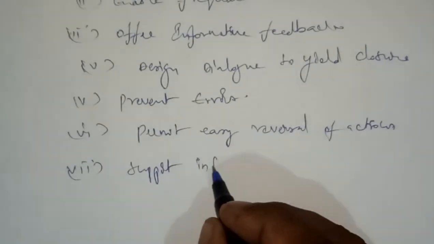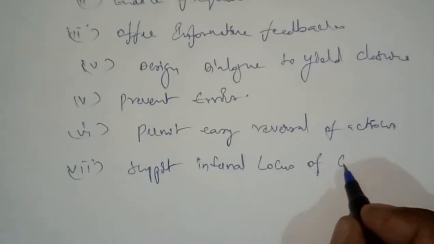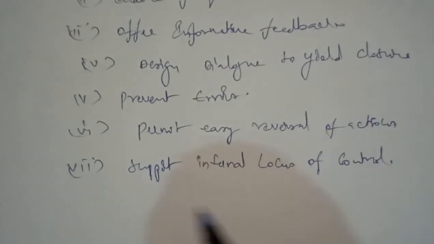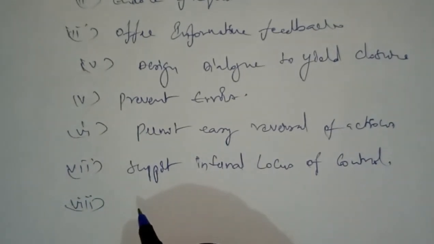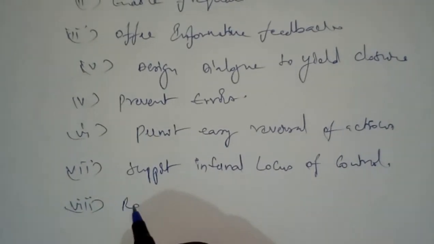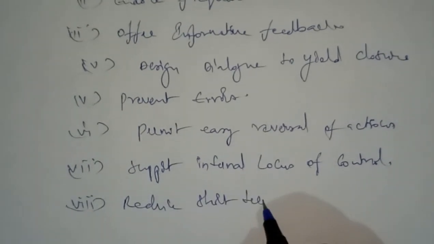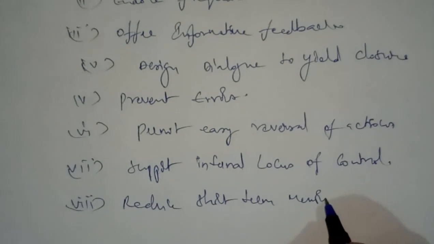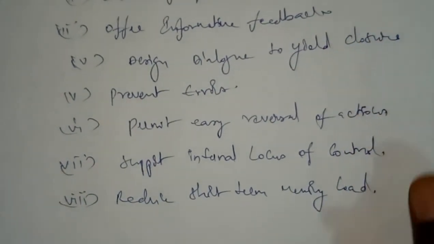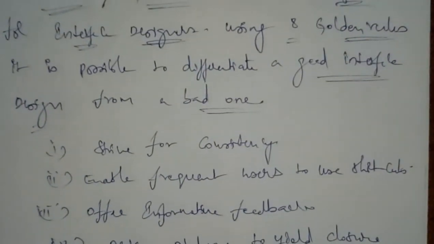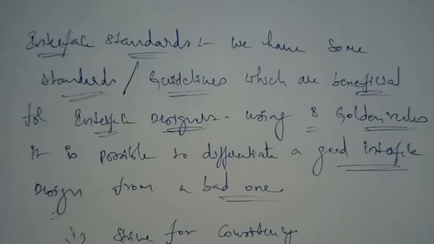And the last one, eighth, is reduce short-term memory load. We have to follow these 8 golden rules to design a good user interface design. Okay, thank you.